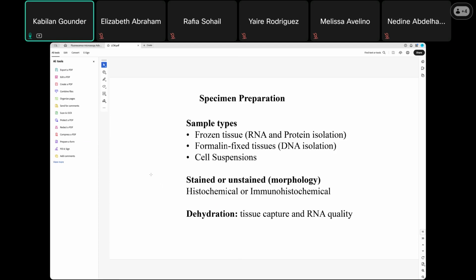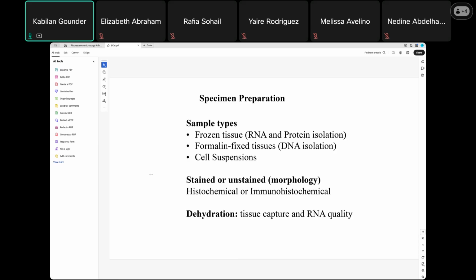Now preservation is done in two different ways. One is chemical fixation, the other is cryofixation. If you fix your samples with glutaraldehyde, formalin, or paraformaldehyde, you can isolate the DNA from these sections.